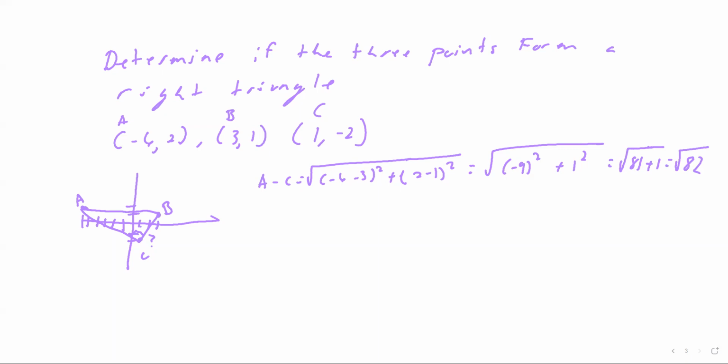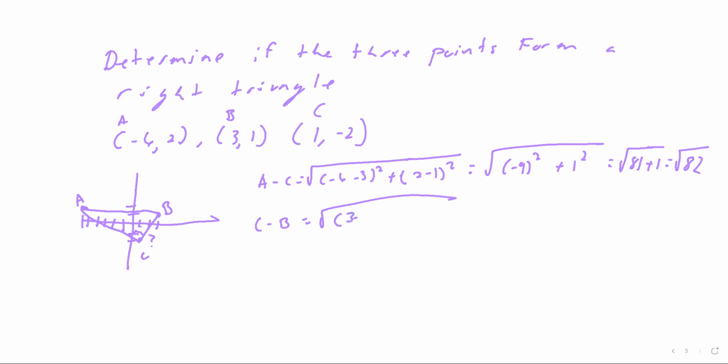Next, we're not trying to calculate the distance as the answer. We're just trying to figure out, is it a yes or no answer, right? So next I'm going to figure out the distance between C and B, or B and C, however you want to write it. It doesn't matter because when I square it all works out.